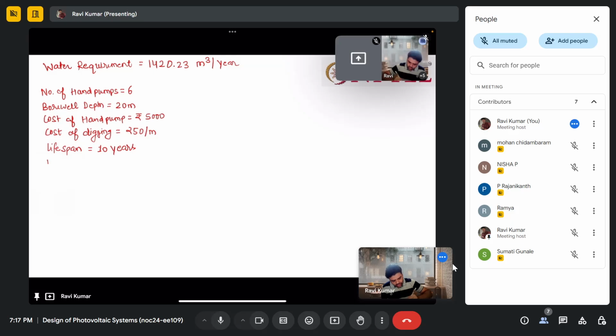And also AMC, that is the annual maintenance cost, is given 1250 per hand pump. And the interest rate is given 10%.